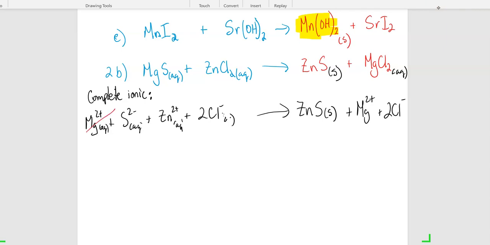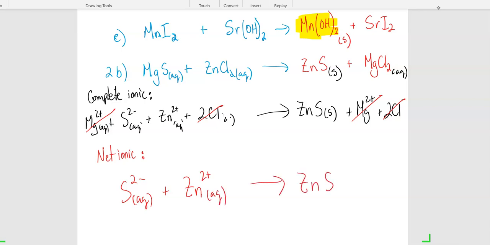If it appears on this side in the same way as it is on this side, they cancel out. The chloride cancels out, and we're left with what would be the net ionic equation. That net ionic would be S2- plus Zn2+ as aqueous going to ZnS. And that's the net ionic. All right.